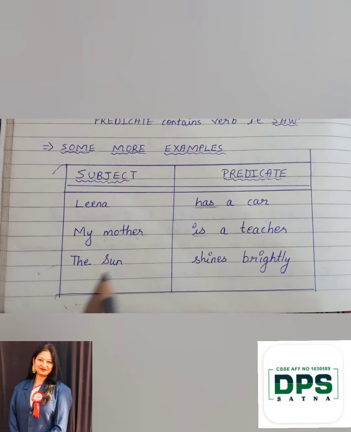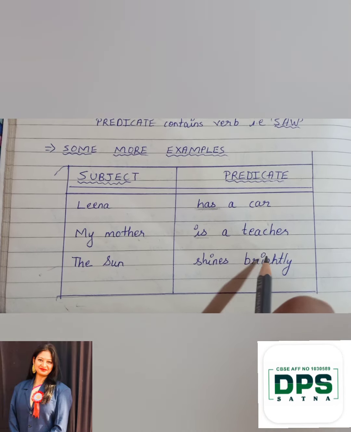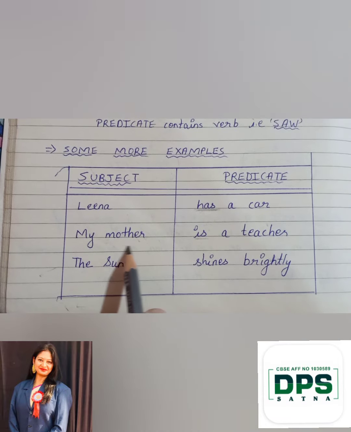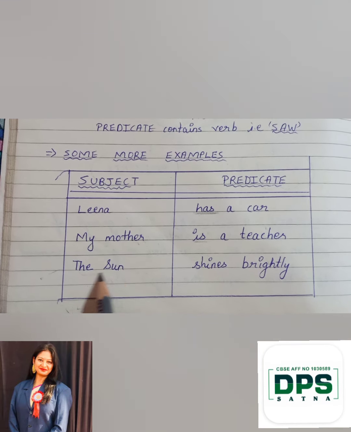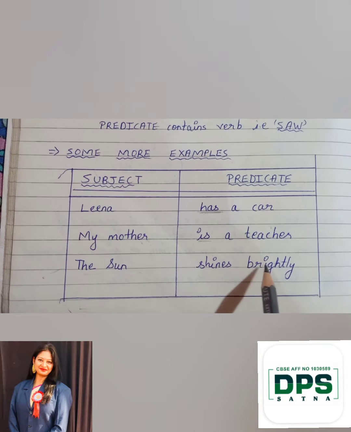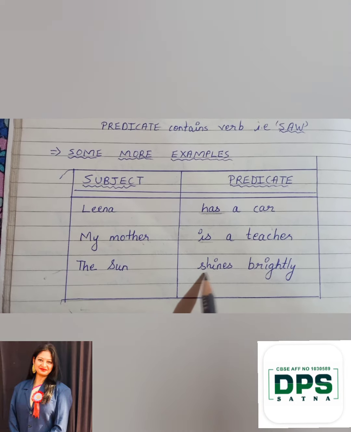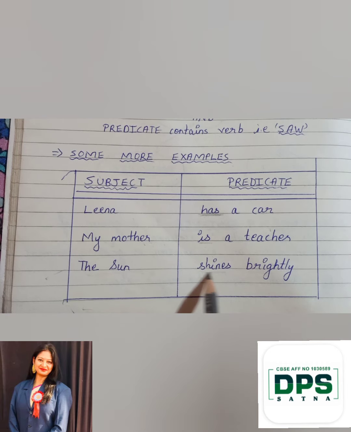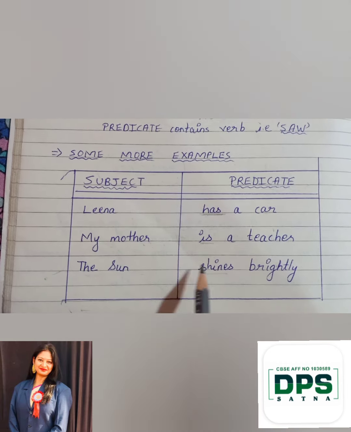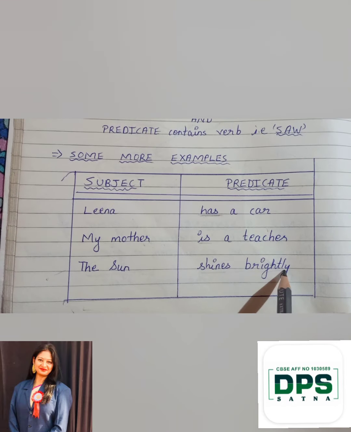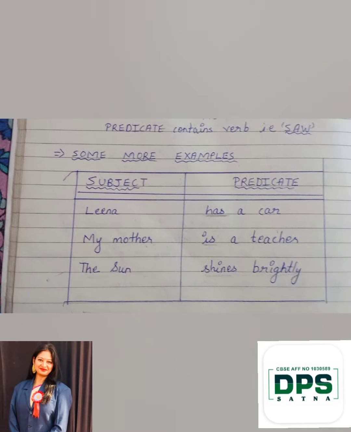Next is the sun shines brightly. Now here again the subject is the sun. And how it shines? It shines brightly. So shines is your verb. So the subject is the sun and predicate is shines brightly.